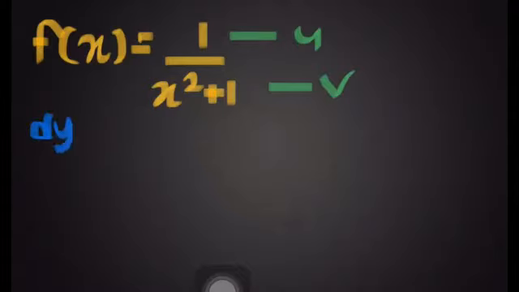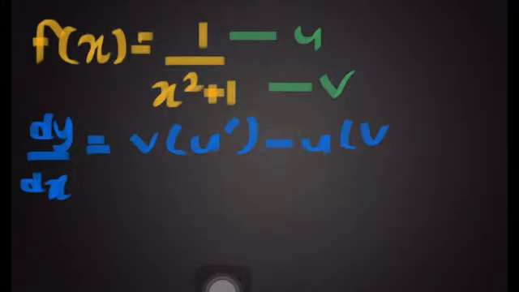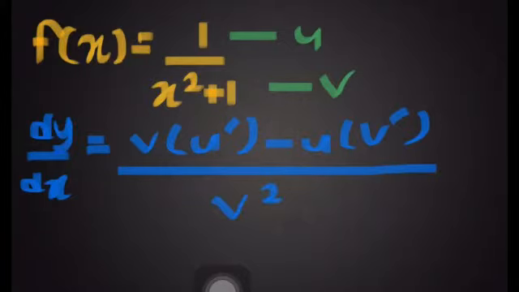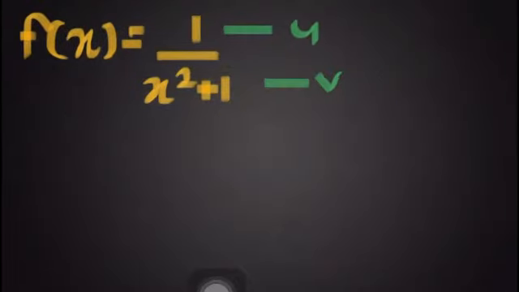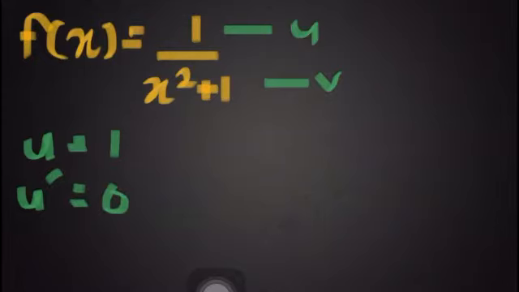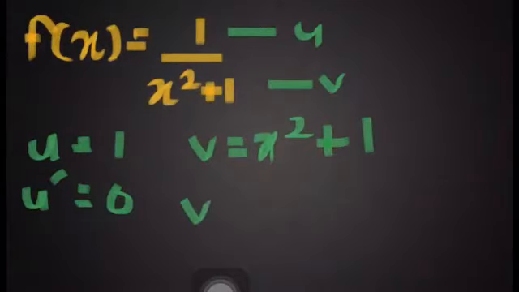So we just plug into the formula dy/dx equal to v times u prime minus u times v prime over v squared. You need to remember which one is u and which one is v, because we have to plug into the equation. As for me, I will rewrite the values for u and u prime, same goes to v and v prime, because it will be easier to plug in.